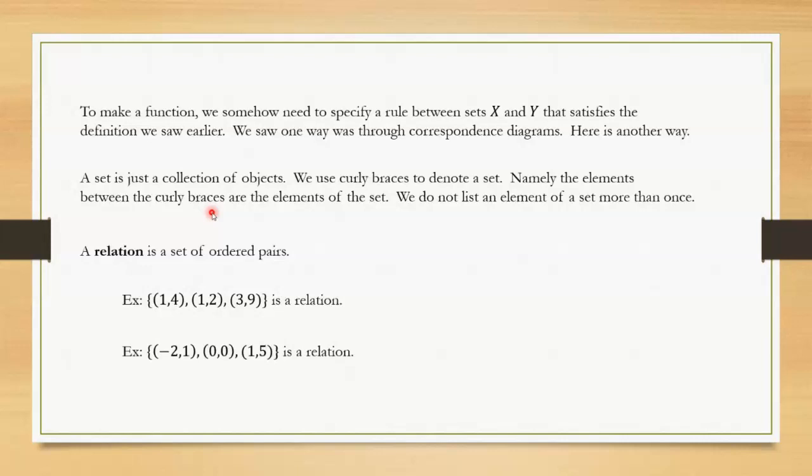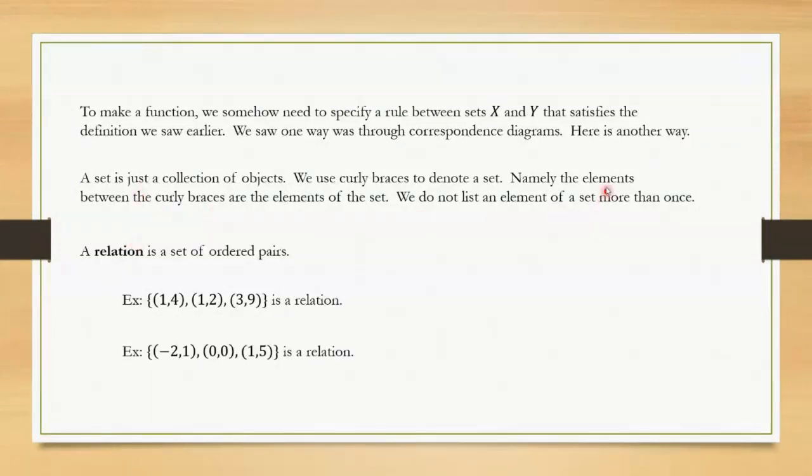And there are many ways of defining a function. One way is using correspondence diagrams. We saw you can't just draw a correspondence diagram any way you feel like it. You have to draw it the right way, as we saw. If you draw it the right way, then you have a function.